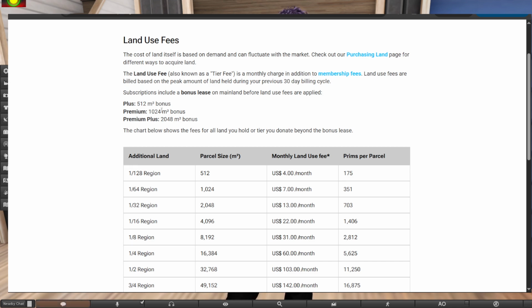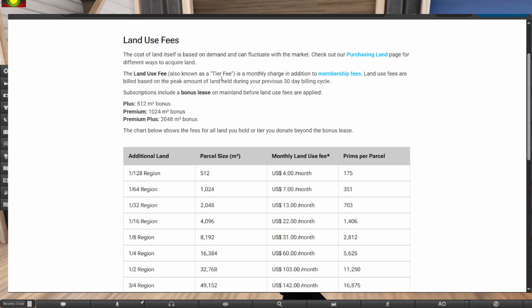I don't have to pay them anything, and I can have that 512, right? If I'm not a plus member, or if I have 512 square meters past what I'm allowed to have, then I'm going to pay them $4 US dollars a month. I get 175 prims on that parcel. Actually, this is old. They've upped this. These numbers aren't right. So they need to update the website, I guess.